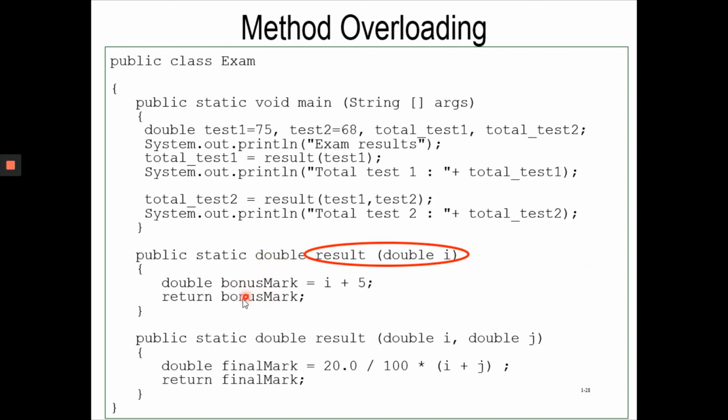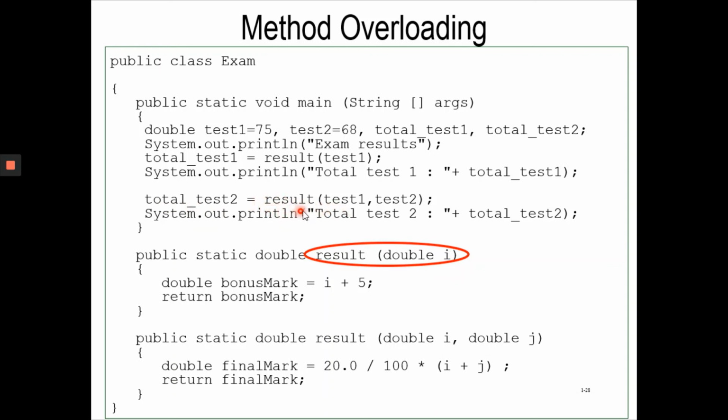Because bonusMark is a double data type, so in the header you also have to use double. So 80 will be sent to the caller, which is totalTest1. So 80 will be held by totalTest1, and you are going to get your first output as totalTest1, 80.